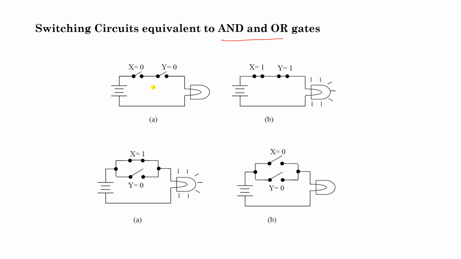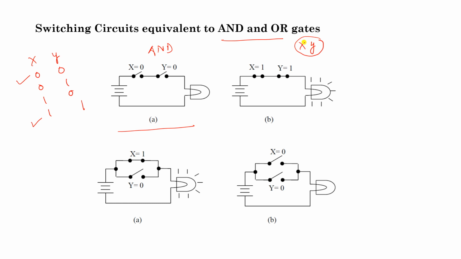Now look at this, for two variables x and y, basically we have four combinations: 0 0, 0 1, 1 0 and 1 1. I have made the switching circuits for only two combinations, 0 0 and 1 1. Look at this, this is equivalent to AND. For AND, the expression xy will be 1, or you can say true, if both of the variables are 1.